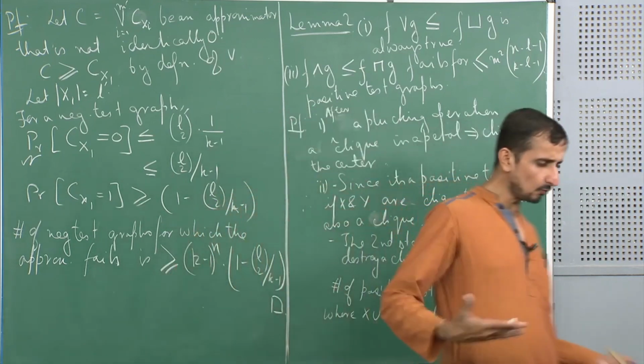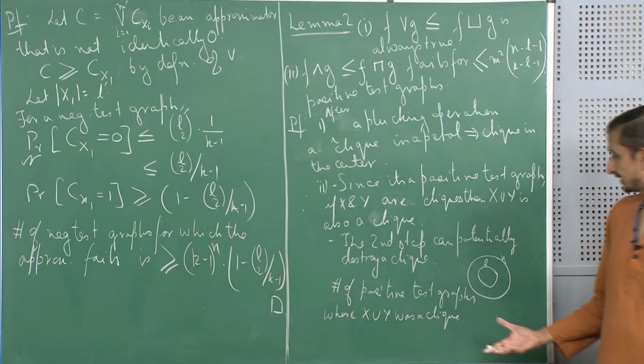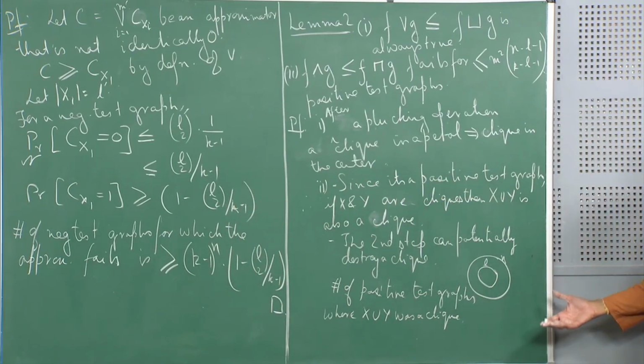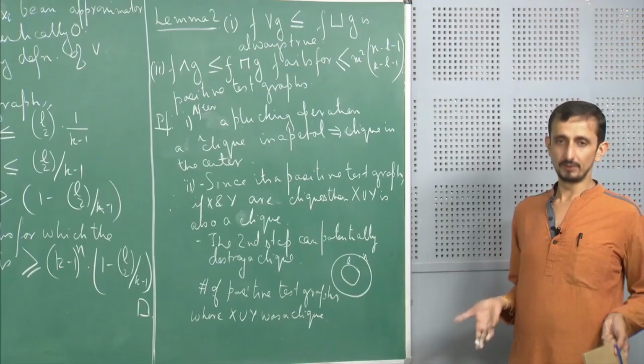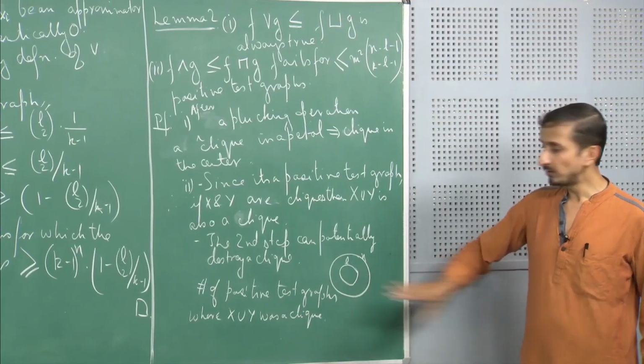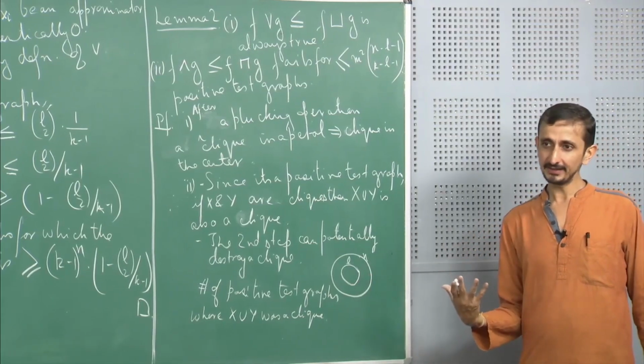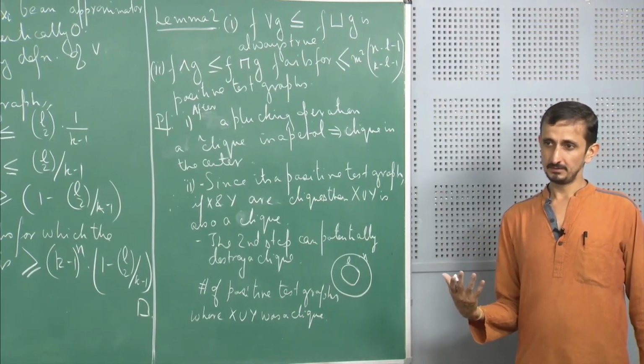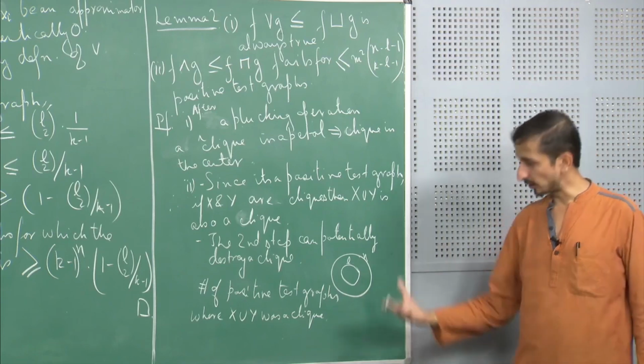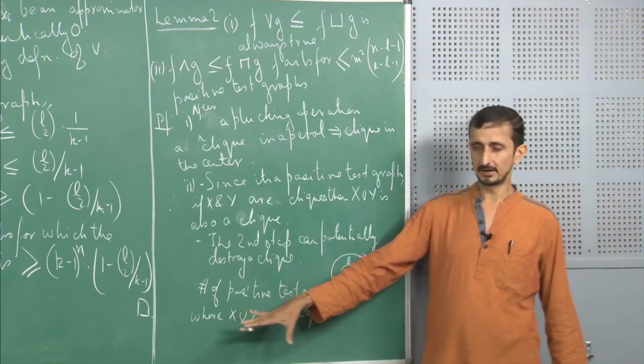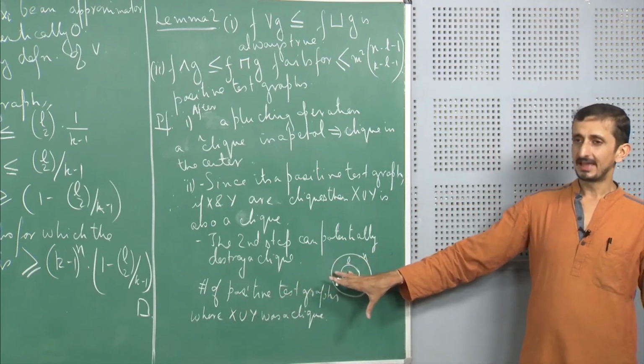Now, how do I choose a positive test graph? A positive test graph is chosen by choosing some k vertices. Okay. So, this would have been a clique. So, when would this have been a clique? On what kind of a choice for the positive test graph would this have been a clique?